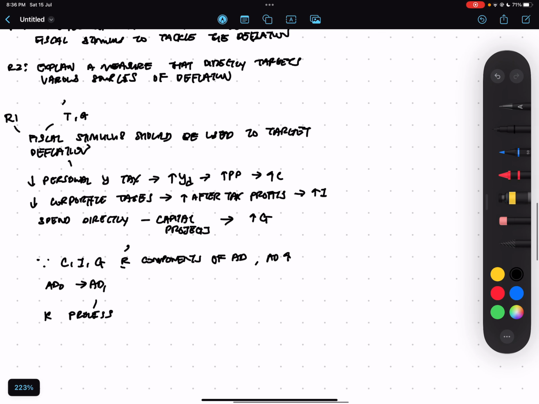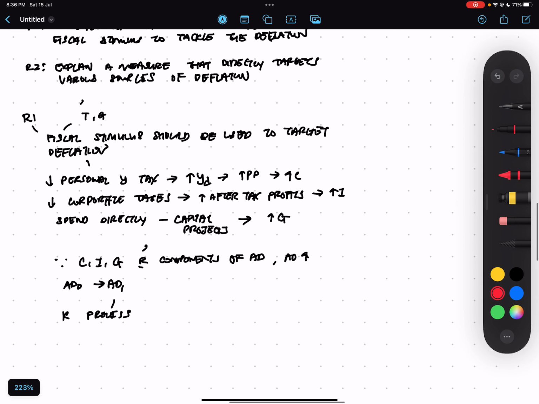Okay, so just to recap a little bit, so I mentioned to you that when you want to explain the macro problem, right, you want to do it in steps first. So here, in this case, you want to start with the policy, and then how the policy influences the various components, which is what we are doing here. And then you see in between here, we use a lot of technical terms, like disposable income, purchasing power, after-tax profits, and so on.